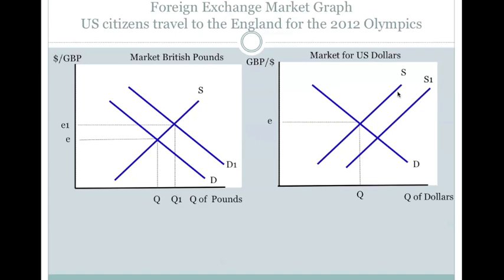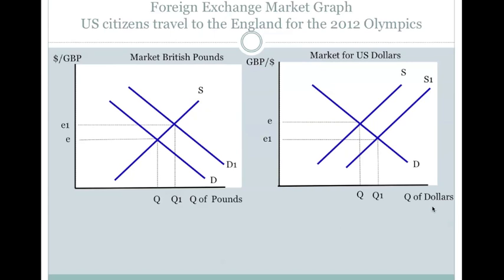And so we know that any increase in supply is going to be a shift to the right in the supply curve. Well, look what happens to the equilibrium point. We can see that the equilibrium point goes from here to here, or effectively, the price of US dollars goes down relative to the pound. So the value of the US dollar actually goes down as a result of all this travel to England.